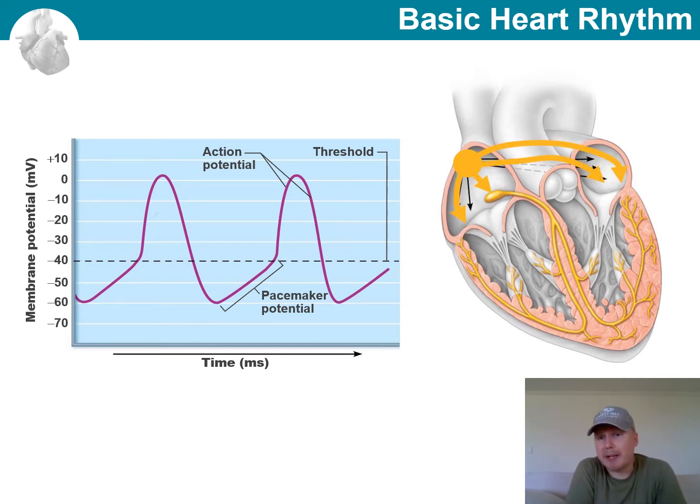they start to spread throughout the atria on both sides to the atrioventricular node. That is also known as AV node. This AV node is located at the interatrial septum and provides a delay of approximately 0.1 seconds before the impulse is propagated further.